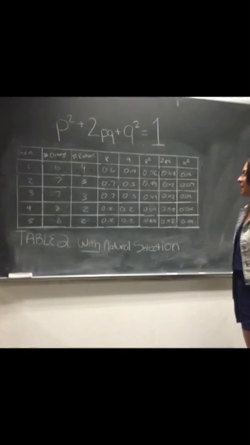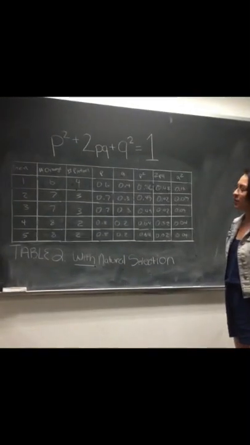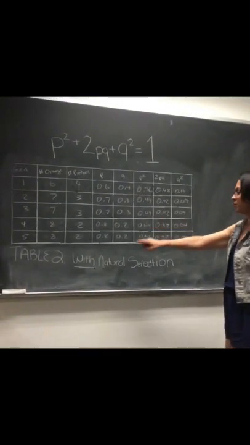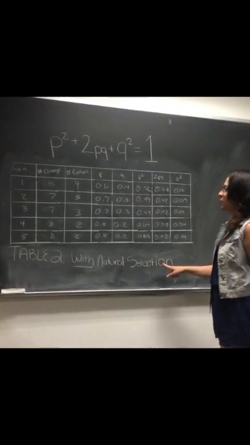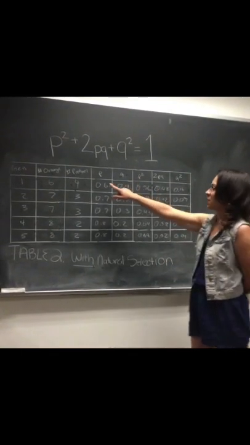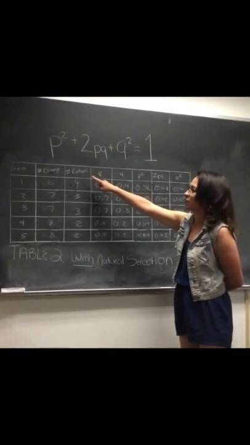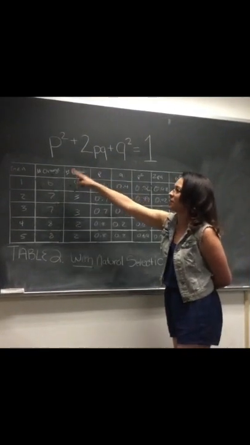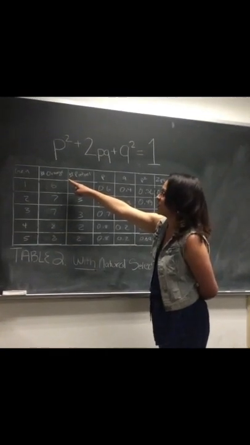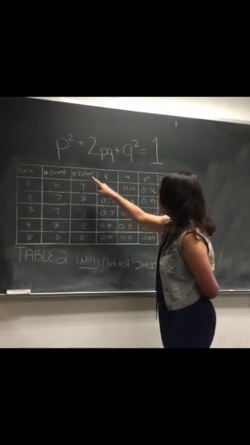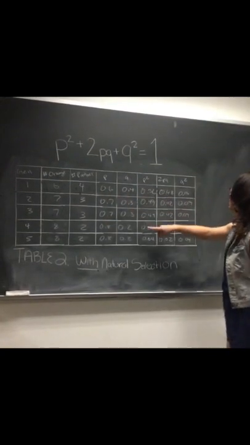So now we're going to look at table number 2, which is with natural selection. With natural selection, we are selecting against the pretzel goldfish, which are your recessive genes, and we're going to favor your orange goldfish, which are your dominant genes. After 5 generations, these are the numbers that we accumulated.